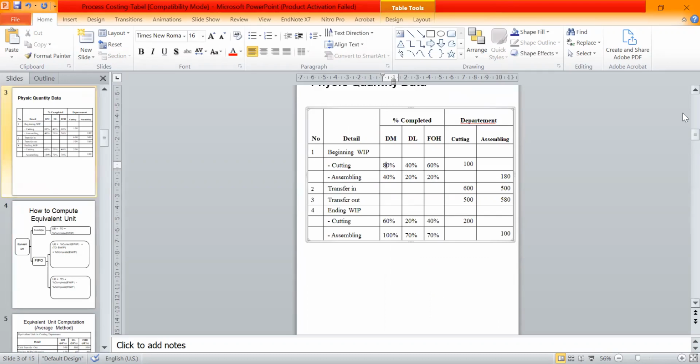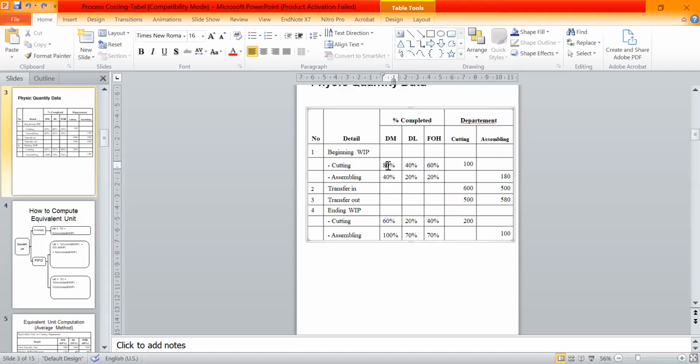In this problem we have information that the direct material is finished about 80% in the cutting department, the direct labor is finished about 40% in the cutting department, and the factory overhead is finished about 60% in the cutting department.